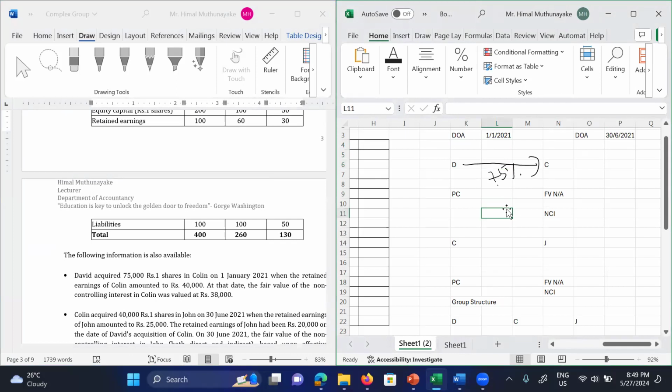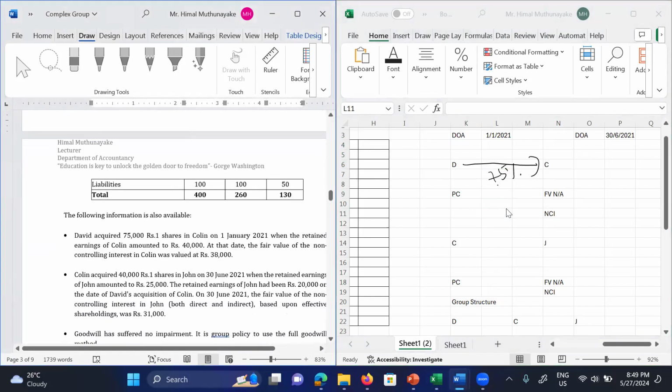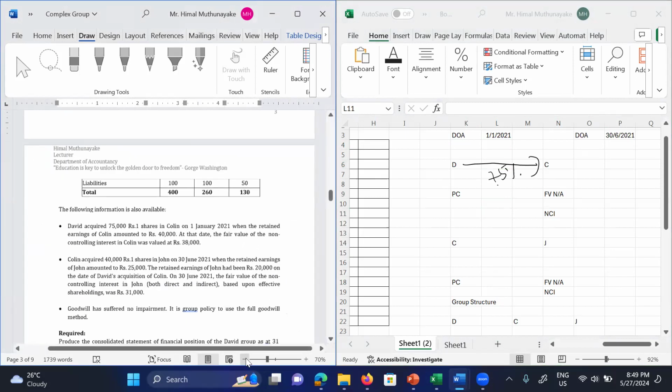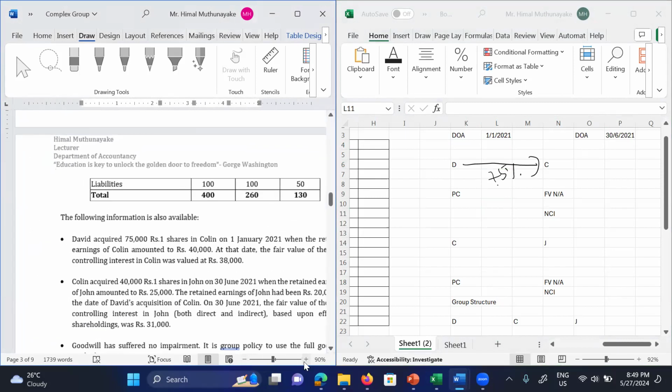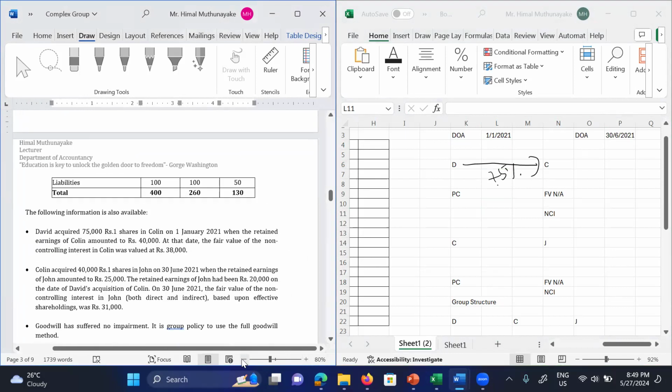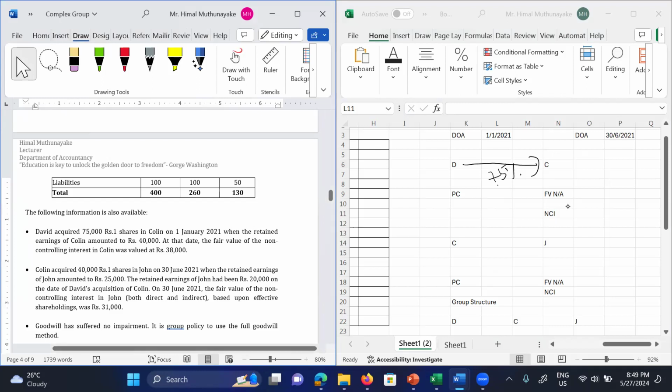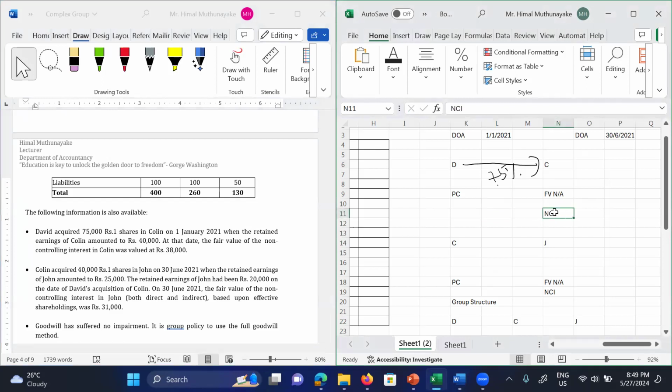It's very difficult to do the consolidation question using the screen. The retained earnings of Collins amount to rupees 40,000. At that date, the fair value of the non-controlling interest in Collins was valued at 38,000. So the retained earnings balance is given, and the fair value of non-controlling interest.